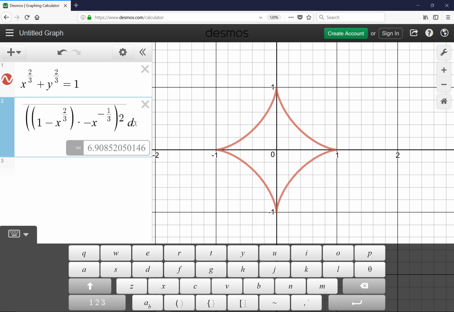So that should be the surface area of that beast.